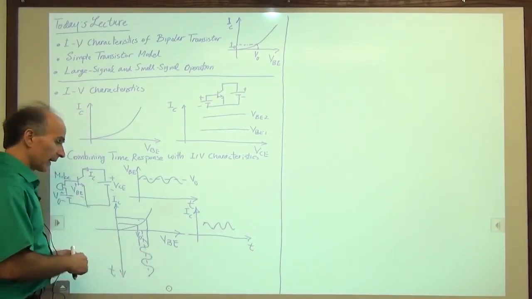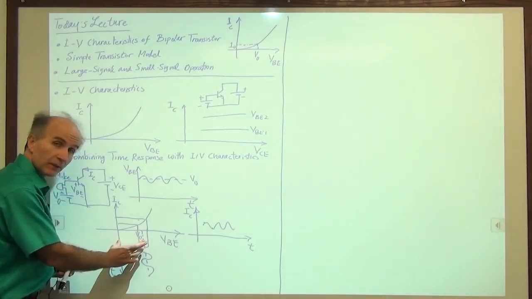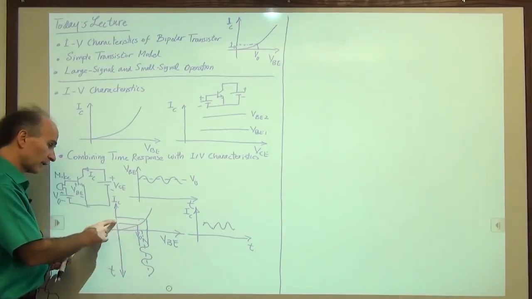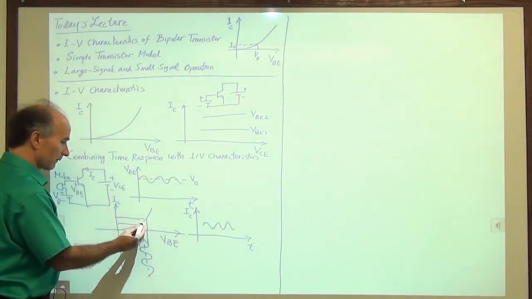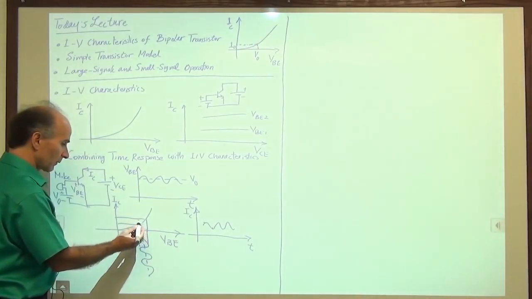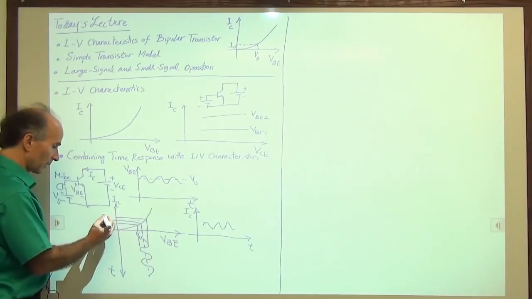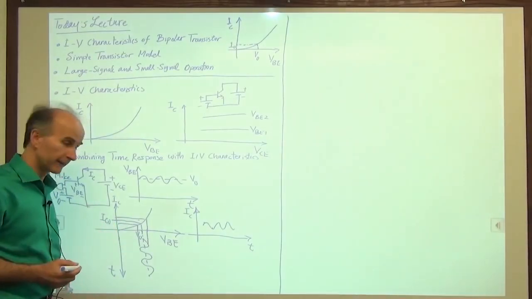We know that in the absence of a microphone signal, base emitter is only V0. So if that's only V0, then the collector current is some amount, right? It's the bias value. So we will call that bias value IC0, or anything you want. Not a big deal.